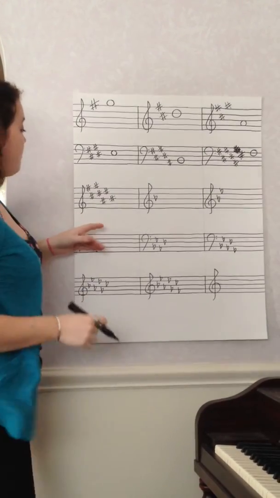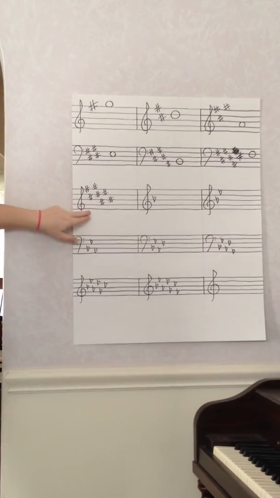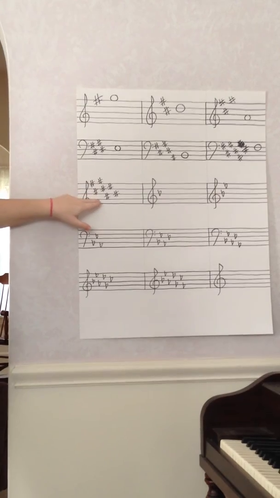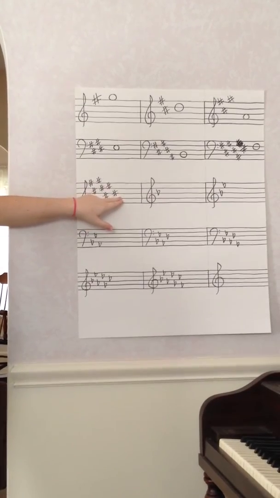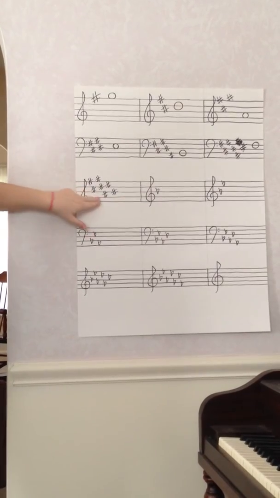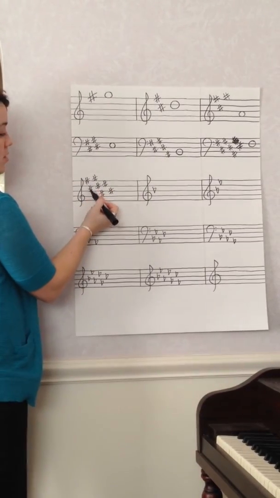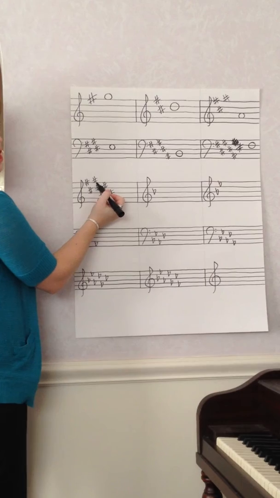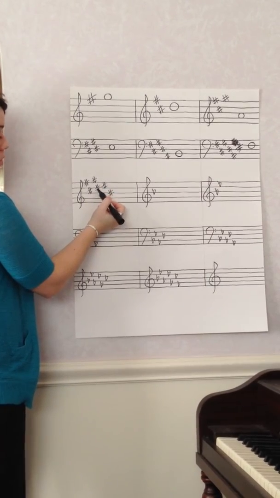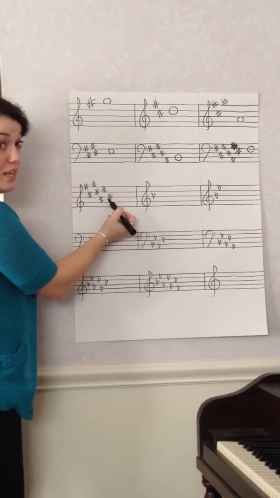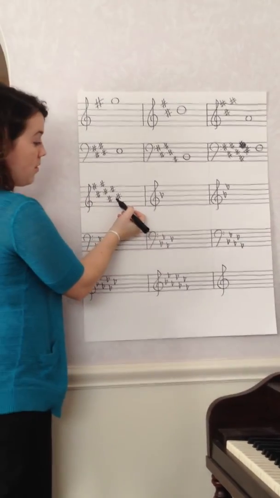Okay, let's move on. Now we see in this treble clef key signature the entire pattern for sharps, okay? This has all of the sharps in it. So we have F sharp, C sharp, G sharp, D sharp, A sharp, E sharp, and B sharp, okay?